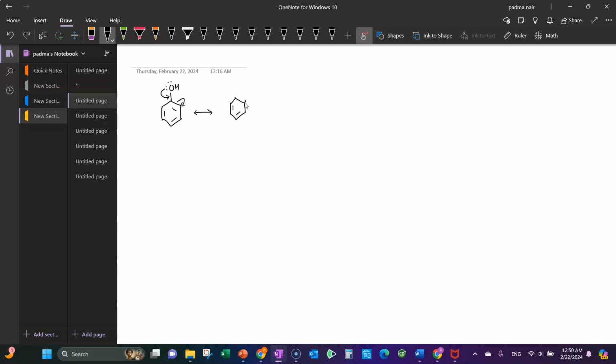Okay, here where the pair of electrons are residing on this carbon atom, oxygen has a double bond with a positive charge, right? And then you can move this pair of electrons as we did in the previous example of NH2, where the electrons can move over to this carbon atom and then over to the carbon atom on this side. Okay.